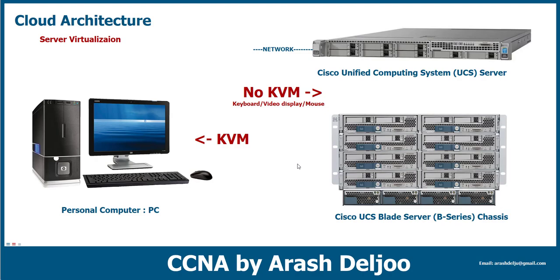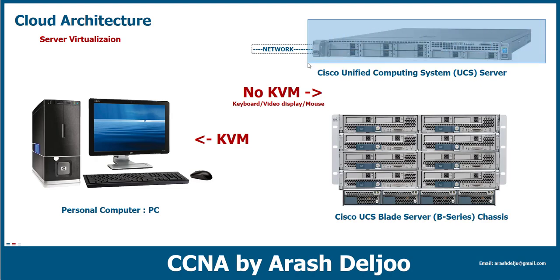For example, Cisco in the old days was building only switches, routers, and some other network devices, but after 2010, Cisco is one of the vendors of servers. We call them Unified Computing System, or UCS. For example, this is a Cisco UCS server. This is a server that is built by Cisco.